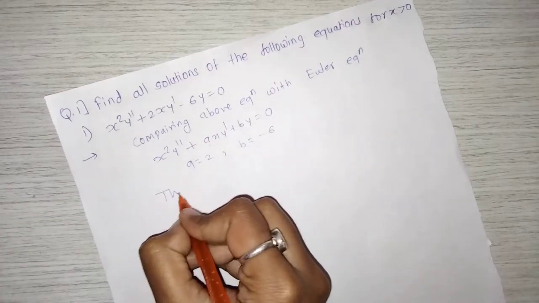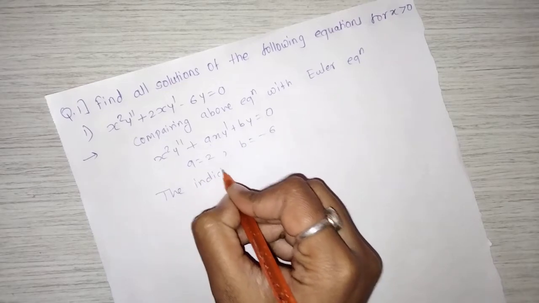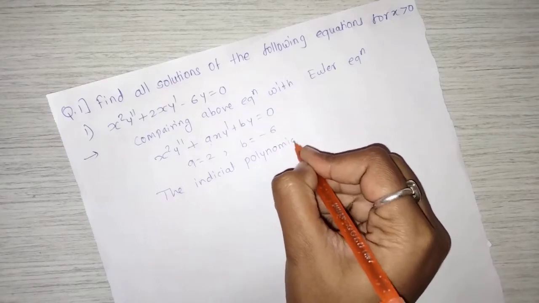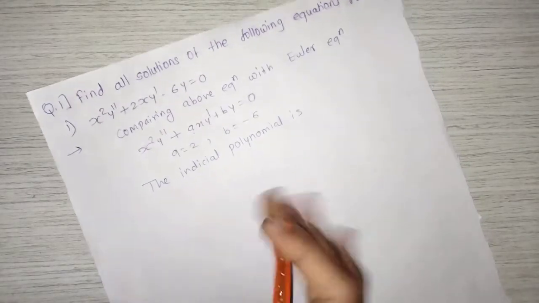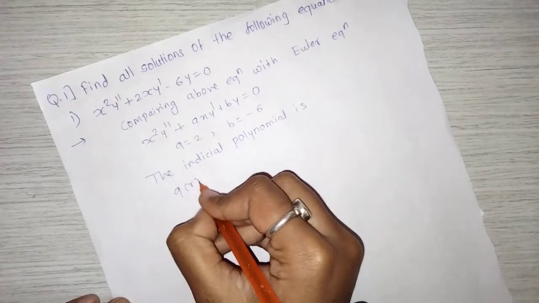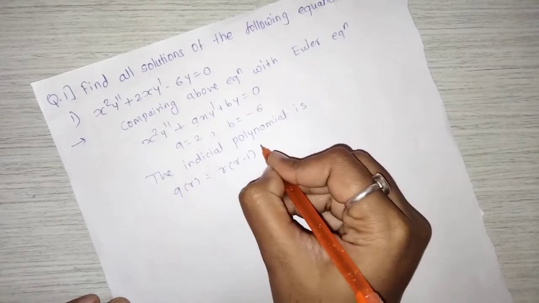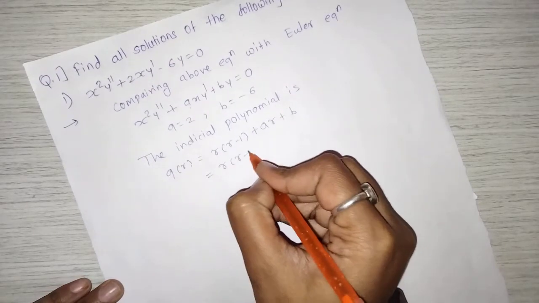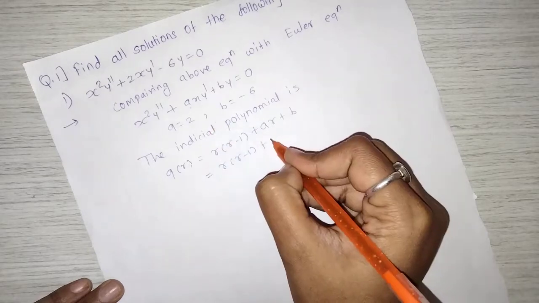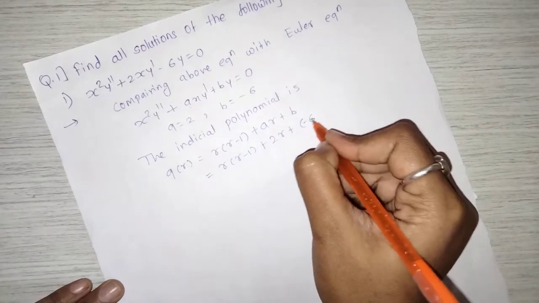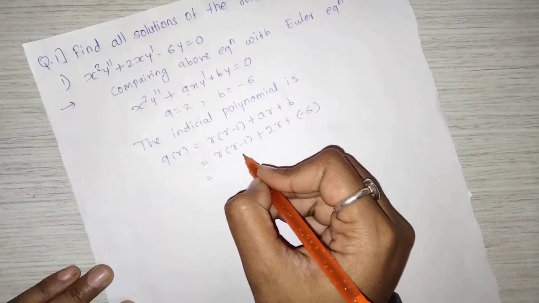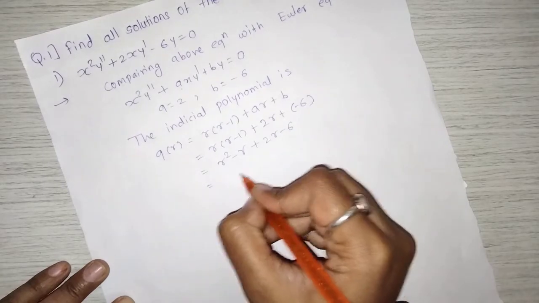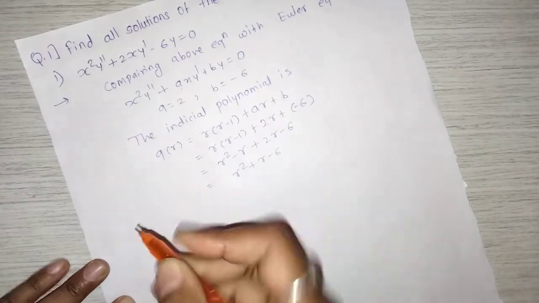The indicial polynomial of the Euler equation is q of r equal to r into r minus 1 plus a r plus b, which is r into r minus 1 plus 2r minus 6, equal to r squared minus r plus 2r minus 6, equal to r squared plus r minus 6.